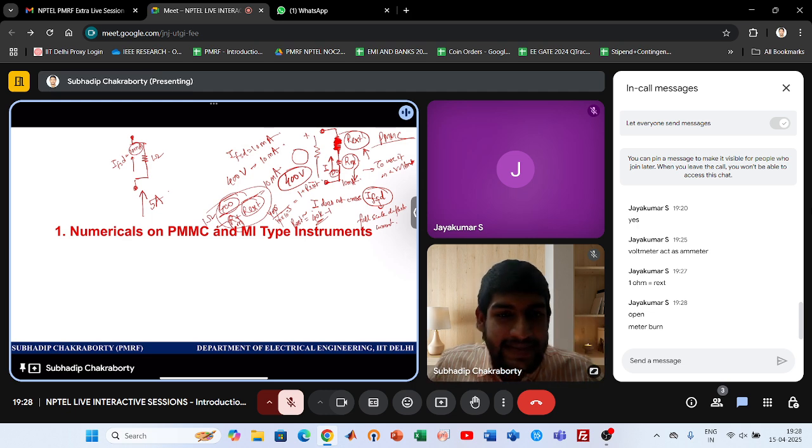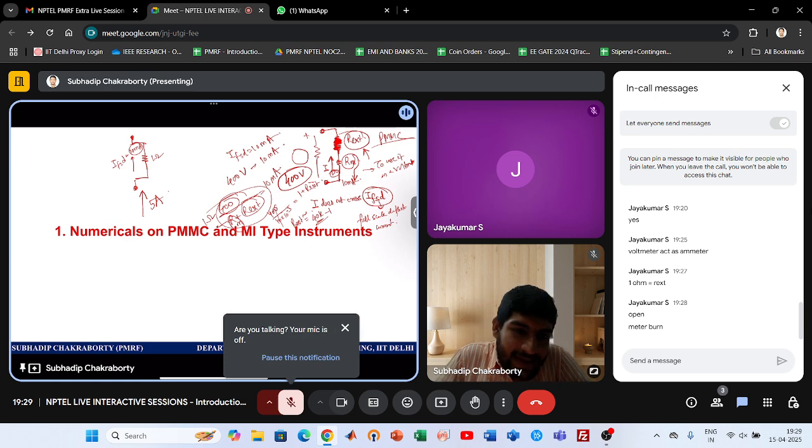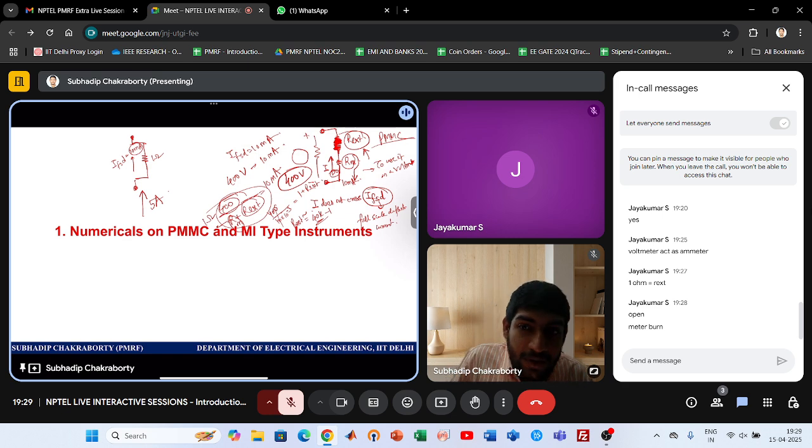And if the meter does not burn, for 4 ampere it will also show full scale deflection, for 10 milliampere also full scale deflection, and for 5 ampere also full scale deflection, because its threshold has already passed, right? And we have already scaled it. So it cannot take the current. Practically, since the meter coils are designed to take only 10 milliampere and we are pushing 5 ampere, the meter or the coil will burn, right?